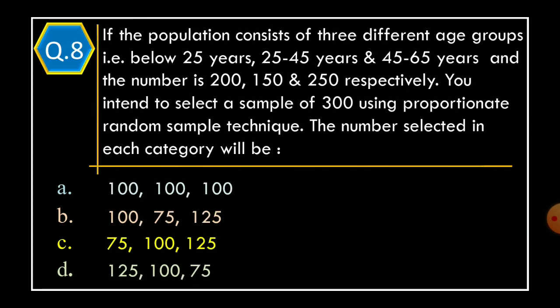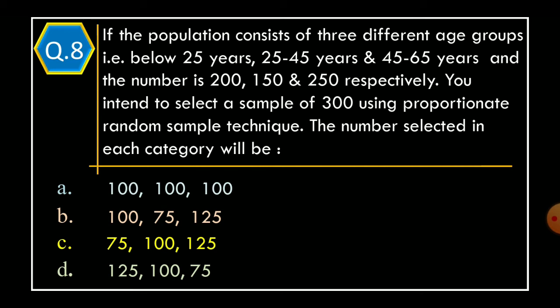Question 8. If the population consists of three different age groups, that is below 25 years, 25 to 45 years and 45 to 65 years, and the numbers is 200, 150 and 250 respectively, you intend to select a sample of 300 using proportionate random sample technique.